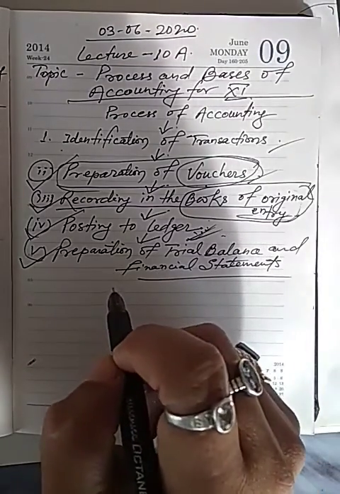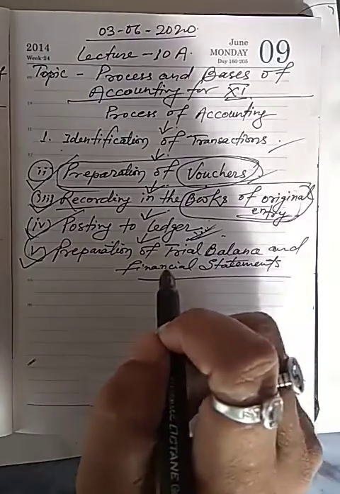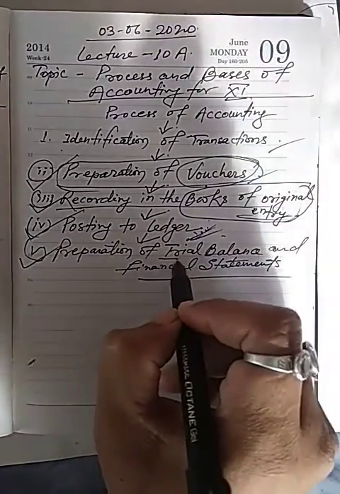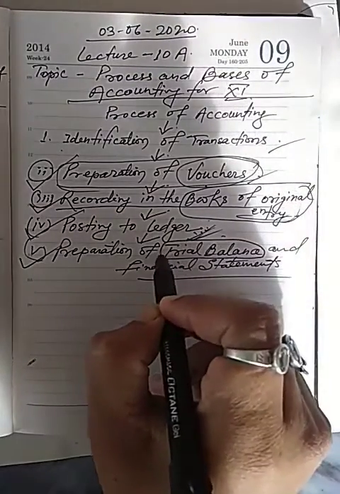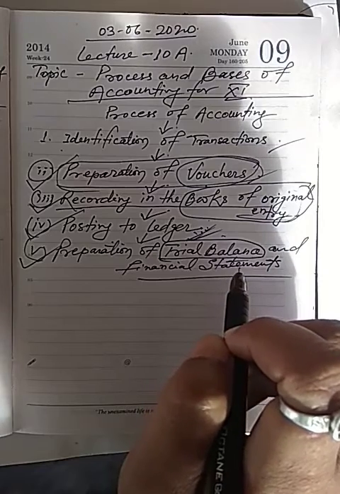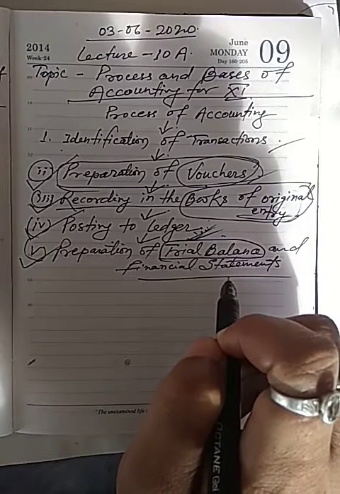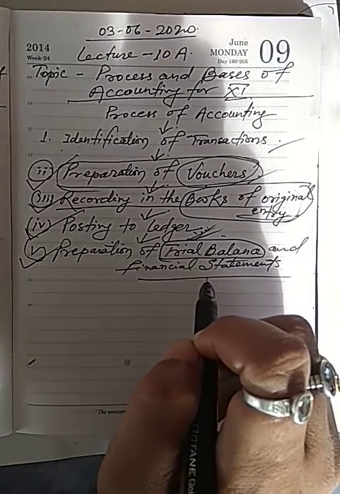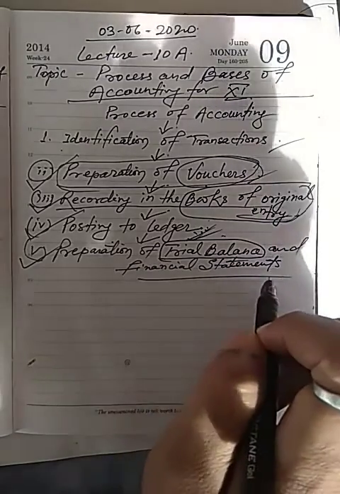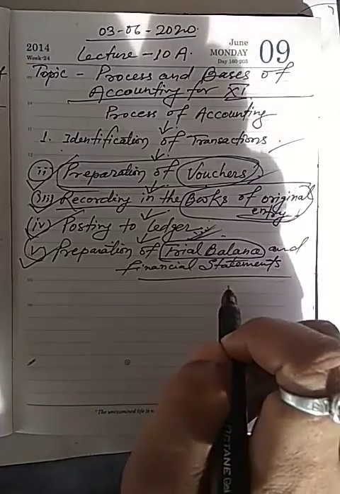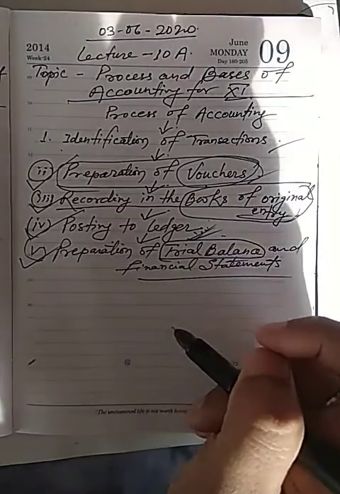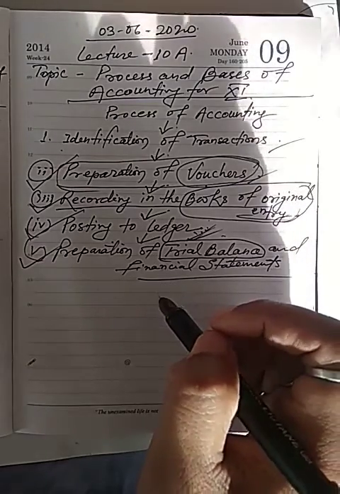A trial balance is a statement which is prepared with debit balance and credit balance of ledger account to check the arithmetical accuracy of posting and balancing of ledger account.